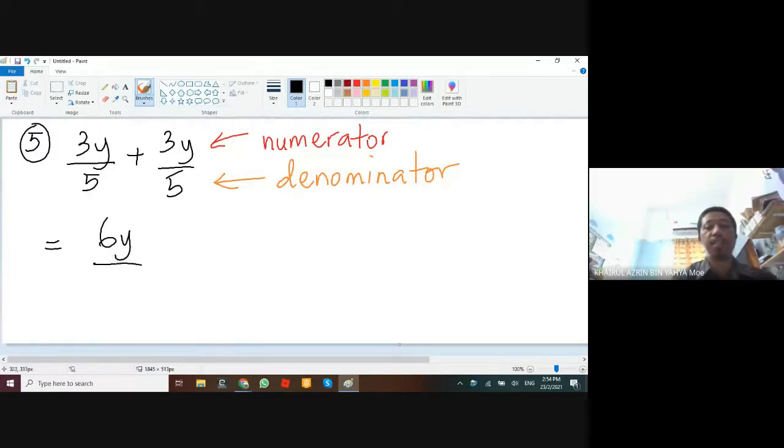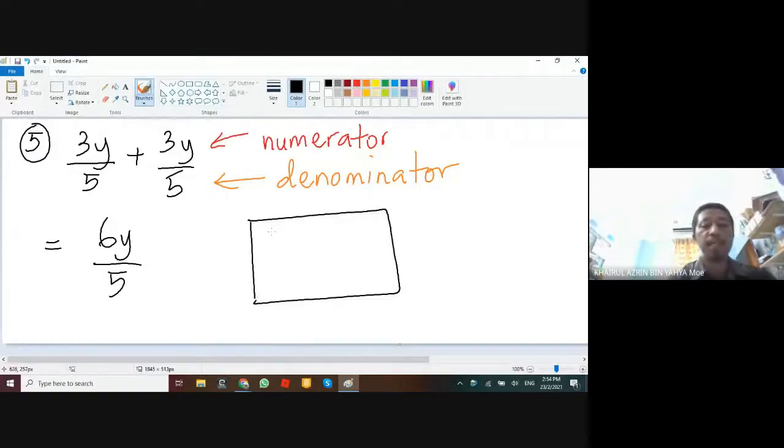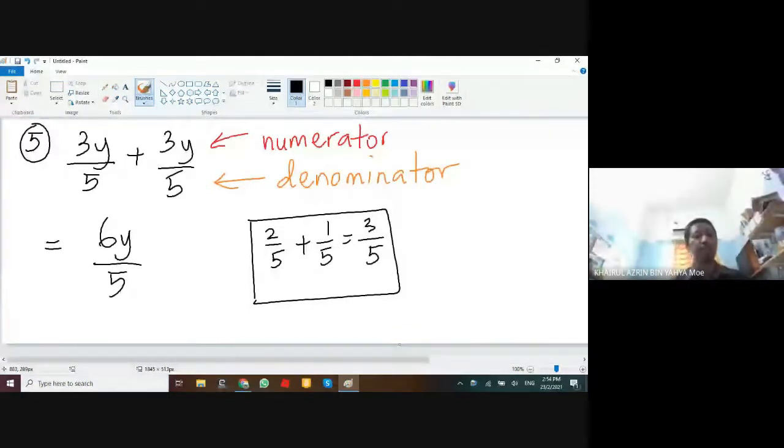The denominator doesn't change, 5. I hope you still remember how to add fractions. For example, 2 over 5 plus 1 over 5: 2 plus 1 is 3 over 5. Same goes like this. The answer is 6y over 5.